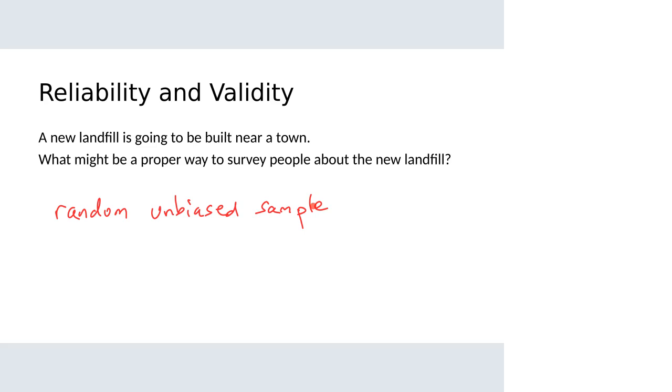Some of them will probably live close to the landfill area. Some of them will probably not, because you're doing this at random. But that is a key here, is we want a random, unbiased sample. I think the problem with this one is the bias part. If you live close to where the landfill is going to get built, you're probably not that interested in having it there.